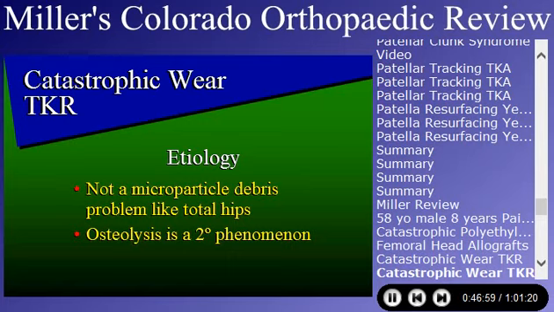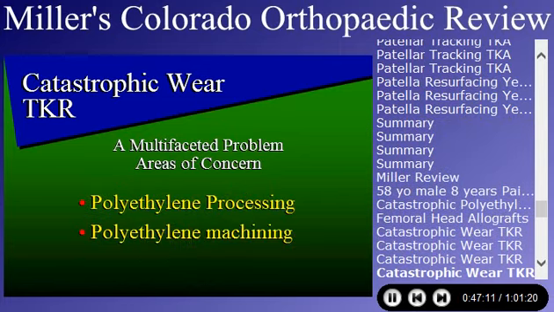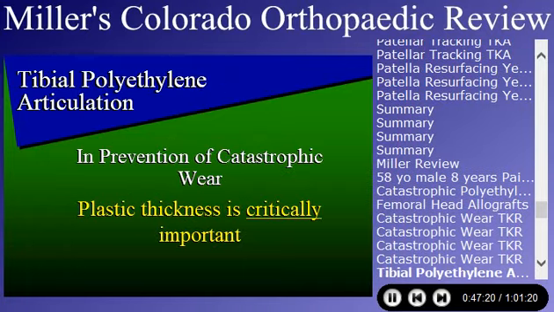Okay, it is a multifaceted problem. The areas of concern are polyethylene thickness, articular geometry, joint kinematics, polyethylene processing, and polyethylene machining. These are the last 5 topics that are going to get you some pearls for the boards. In the prevention of catastrophic wear, plastic thickness is critically important.